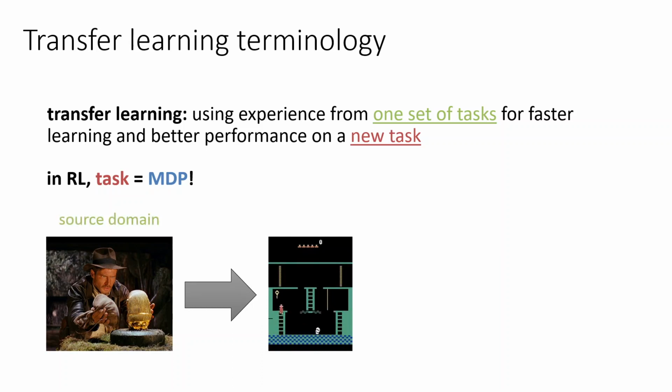The MDP that you train on, the one where you're getting the initial experience, is called the source domain, or source domains, because that's the source of your knowledge. And the MDP that you want to solve, the new task, is the target domain. That's the one where you want to get good results.